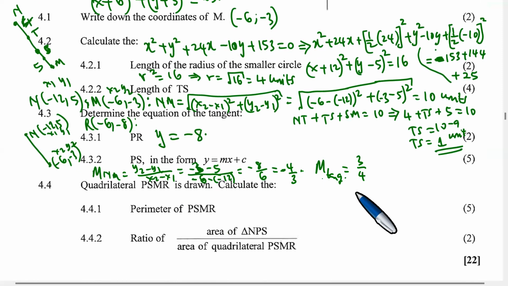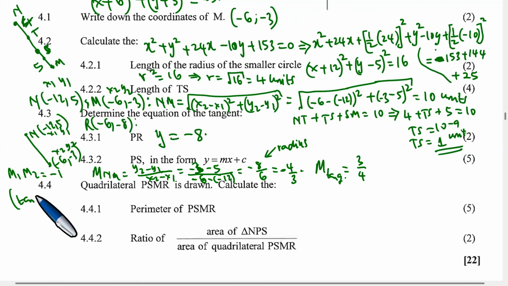So the gradient of the tangent becomes 3 over 4, then you change the sign. The reason for that is that gradient 1 times gradient 2 is equal to minus 1 wherever a tangent is perpendicular to a radius.